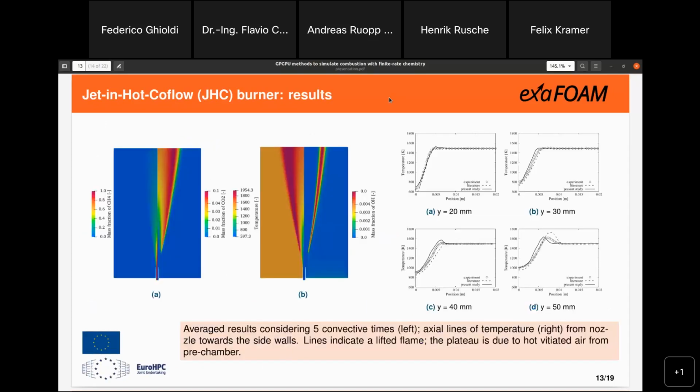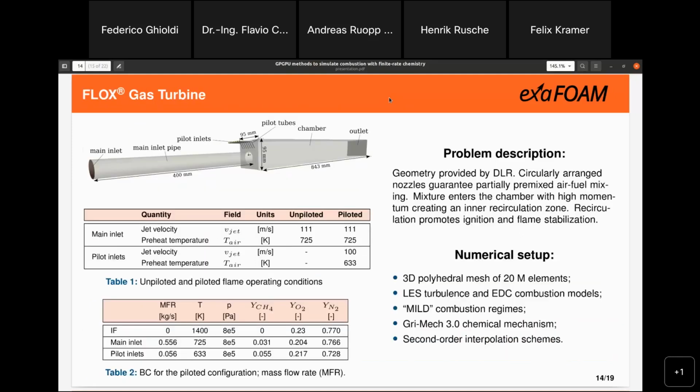And we have already launched our case in full CPU form while we were developing this methodology, okay? And we are currently doing the tests for a massive number of cores combined with the GPUs for these particular tests. And the other test that we're currently investigating is the flexible gas turbine that you have seen in the previous presentation as well. And so we are investigating this.